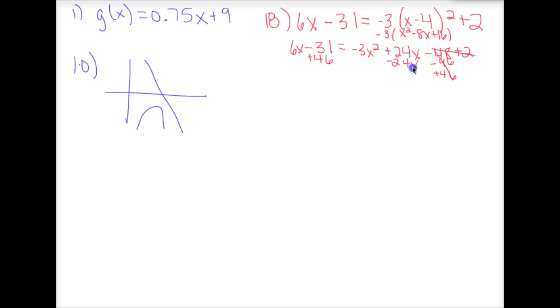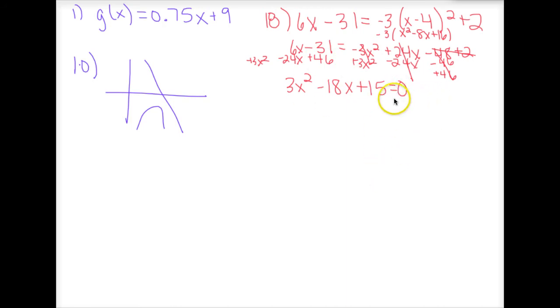Minus 24x, and then plus 3x squared. So that gives me 3x squared. 6 minus 24 is negative 18x, and then negative 31 plus 46 gives me a positive 15 equals 0.